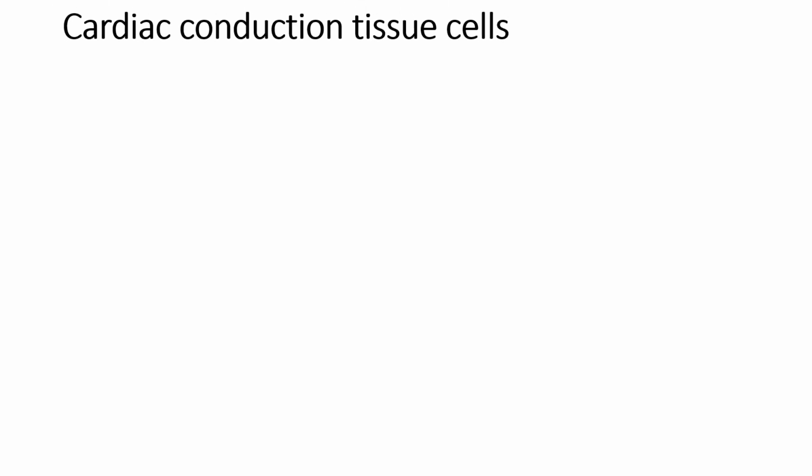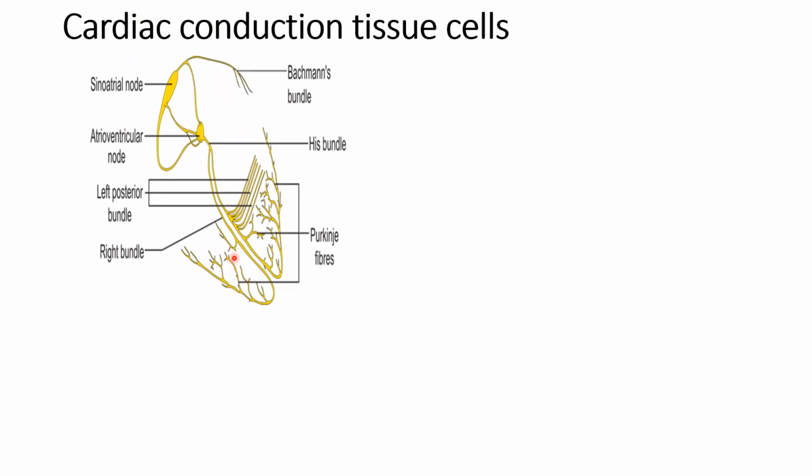Cardiac conduction tissue cells. These include the sinoatrial node, the Bachmann's bundle, which supplies the left atrium of the heart muscles, the atrioventricular node, the bundle of His, the right bundle branch, and the left bundle branch.